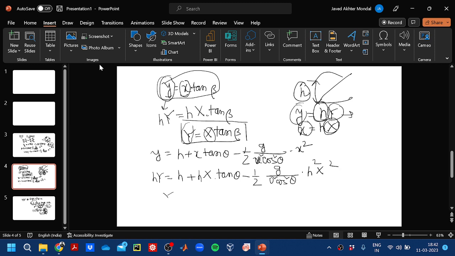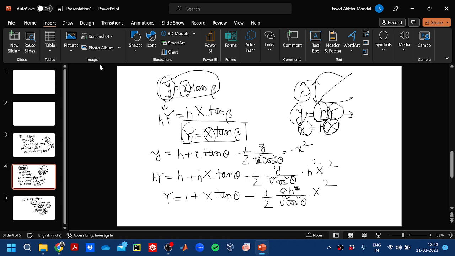So from this, the equation that we will get is Y equal to 1 plus X tan theta minus half g h square. One h will be cancelled, and here we have v square cosine square theta into X square.